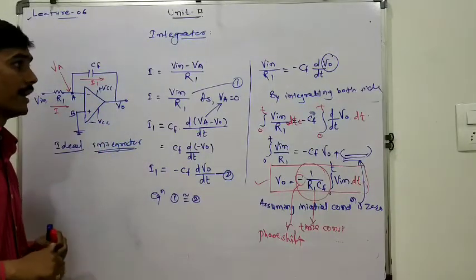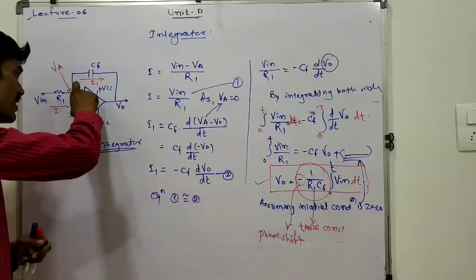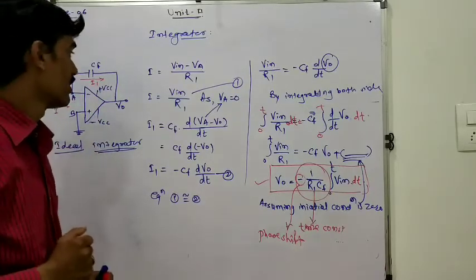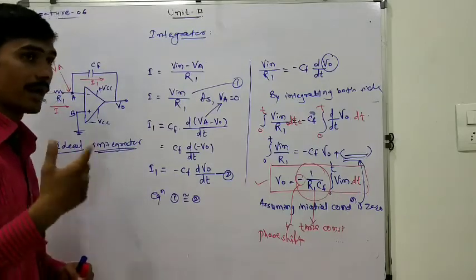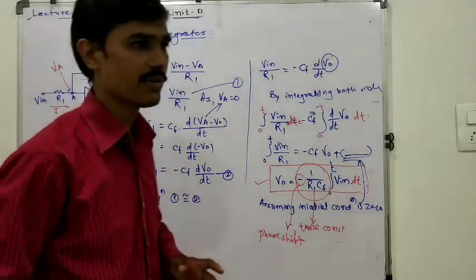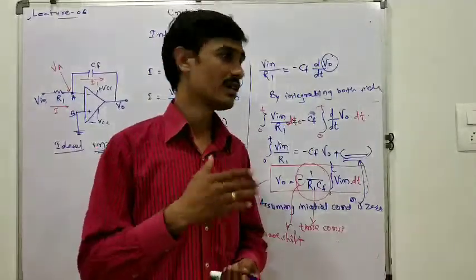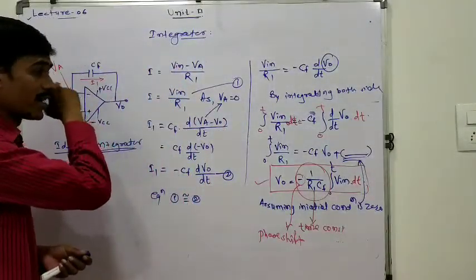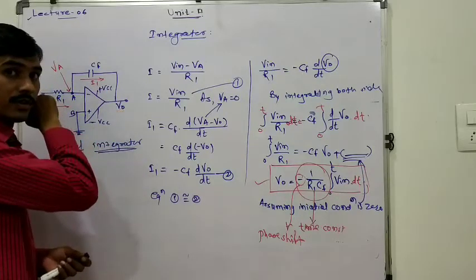Then second point, ideally we are considering the biasing current or bias voltage to be 0. But practically if we are dealing with the operational amplifier, there are some biasing current and biasing voltage. Because of that we are not getting exact integrated output at the output side.